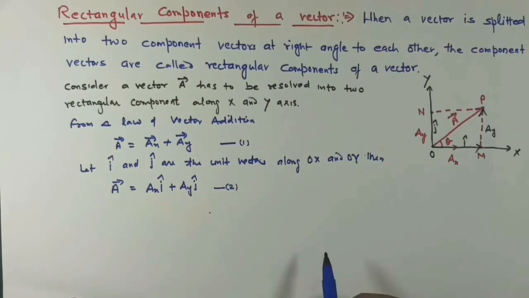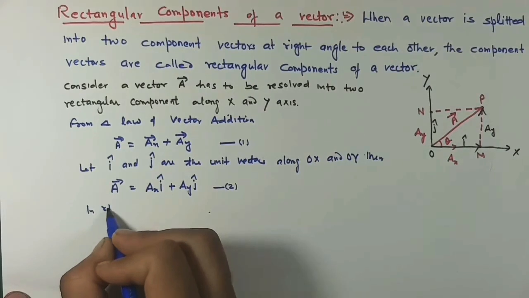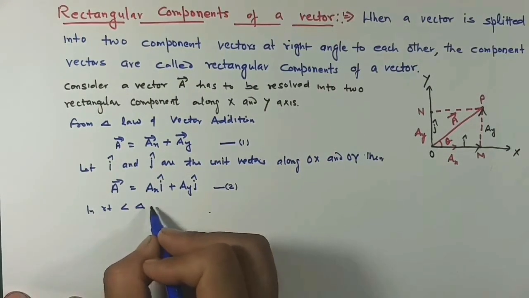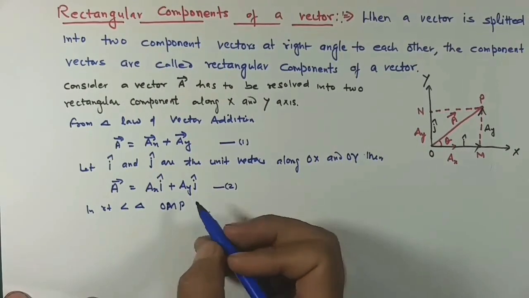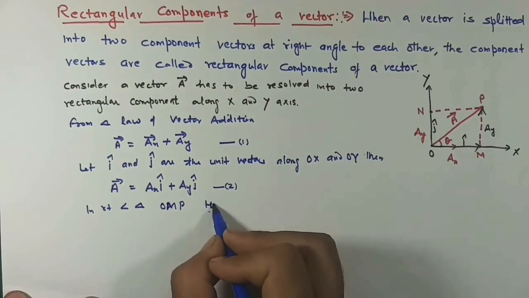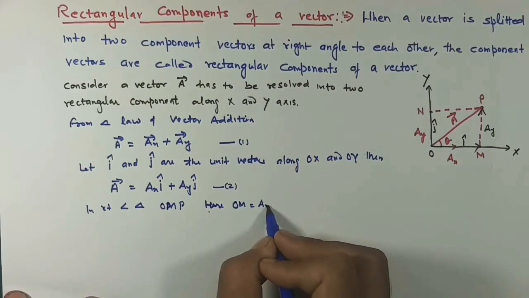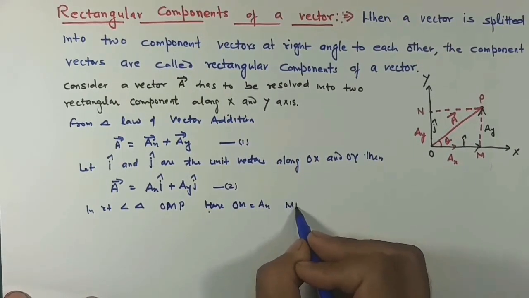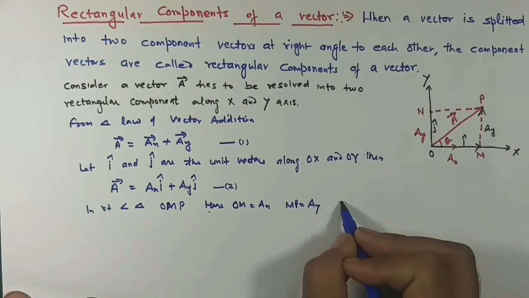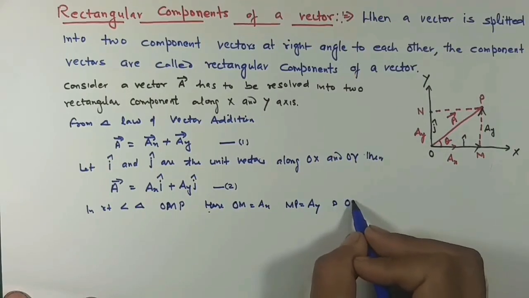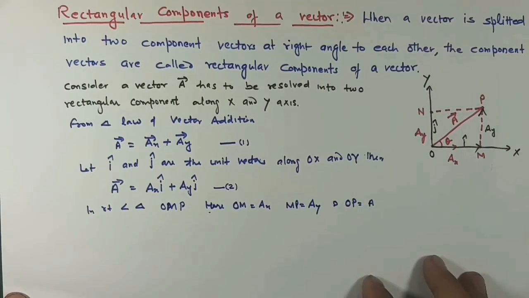So in right angle triangle OMP here, OM is equal to AX, MP is equal to AY, and OP is equal to A. Clear?